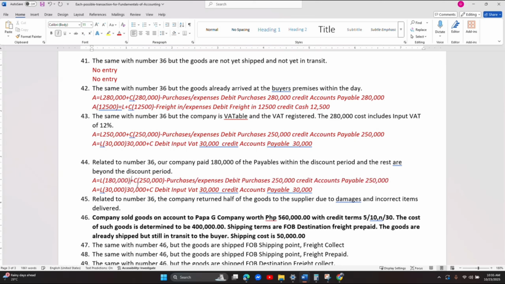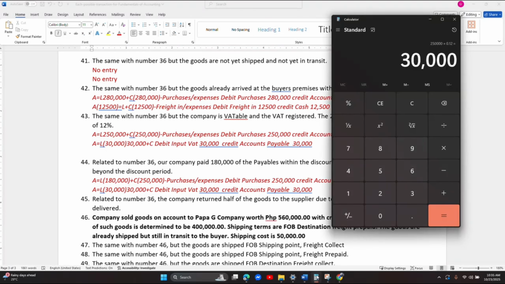That's it for the liabilities. And also we are going to reduce our cash because we are paying. But the cash that we're going to pay is less than 180,000 because we paid within the discount period, and the discount is 3%, so times 0.97, that's 100% minus 3% discount.